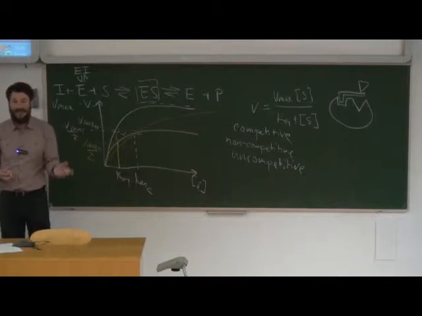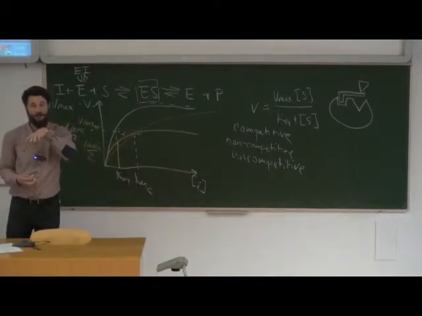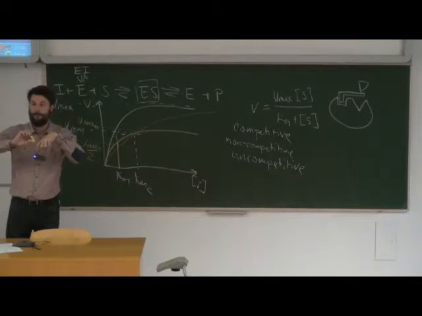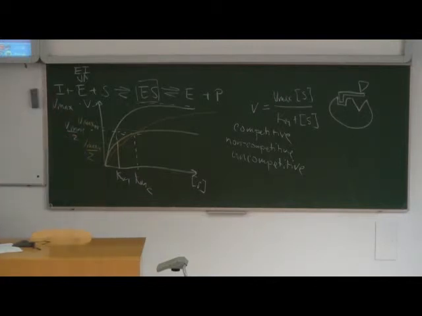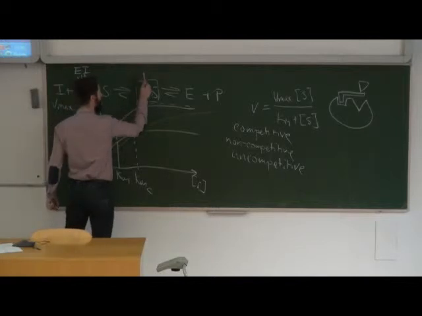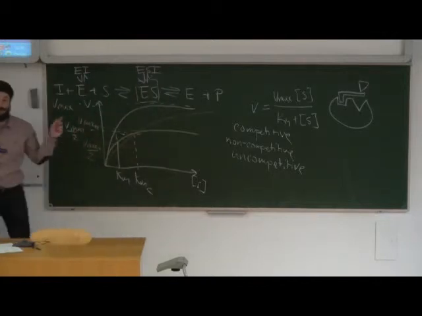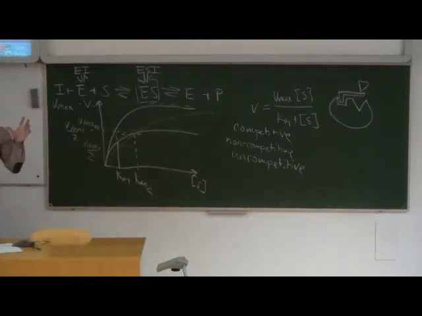So a substrate has to be bound to the enzyme in order for the inhibitor to bind. So this is what happens in uncompetitive inhibition. The inhibitor only binds to the enzyme-substrate complex.